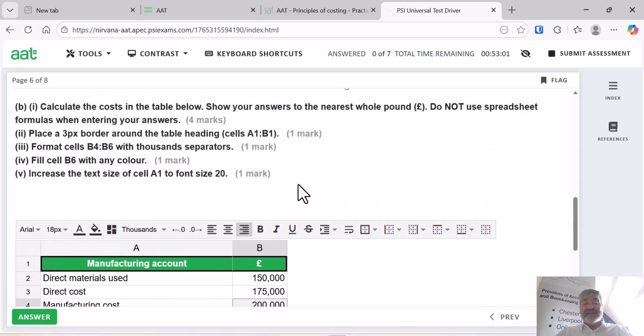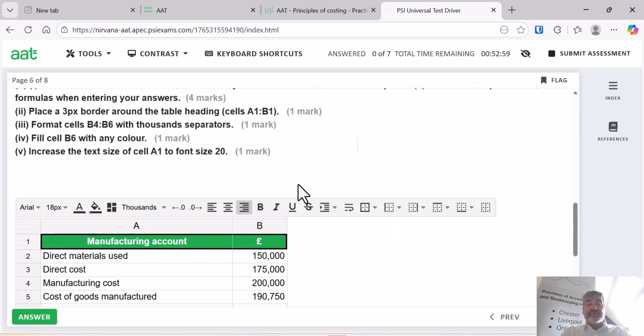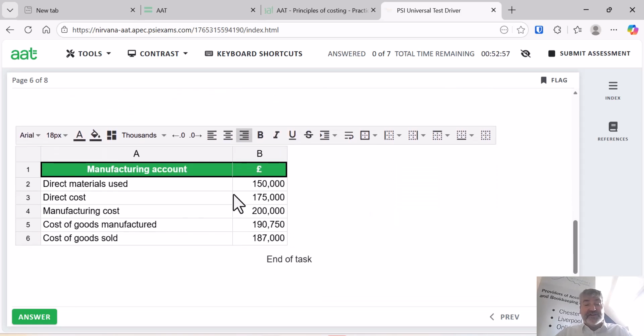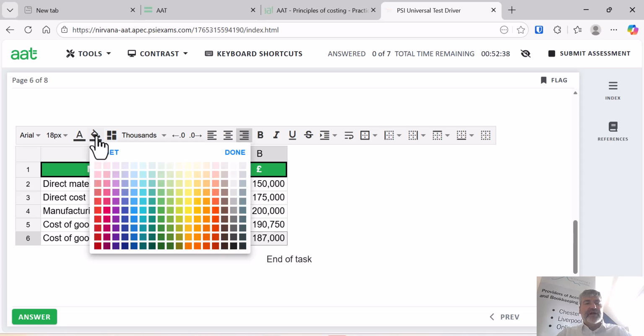I'm asked next to fill cell B6 with any color I like, so I'm going to select that particular cell and look on the menu for the color fill option. Again, just hover over, make sure I pick up the right one, because you've got font color and fill color next to each other there. So just click on fill color, any color I want.